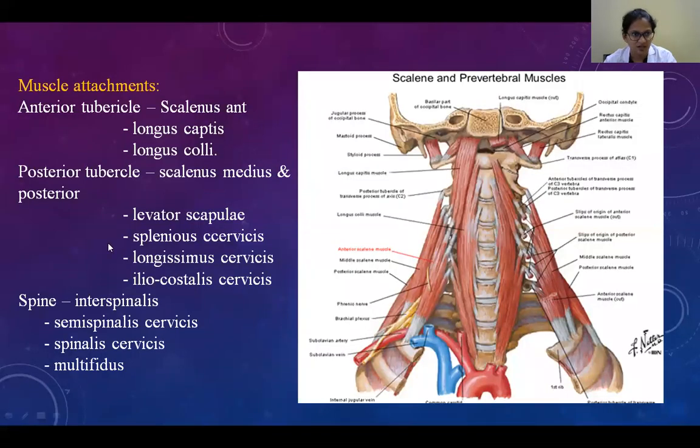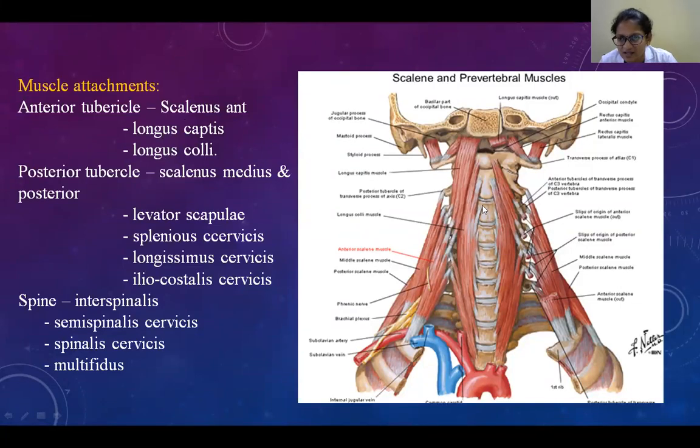And next, coming to the attachments of the typical cervical vertebra. It consists of an anterior tubercle and a posterior tubercle. The anterior tubercle gives attachment to three muscles: scalenus anterior, longus capitis, and longus colli.